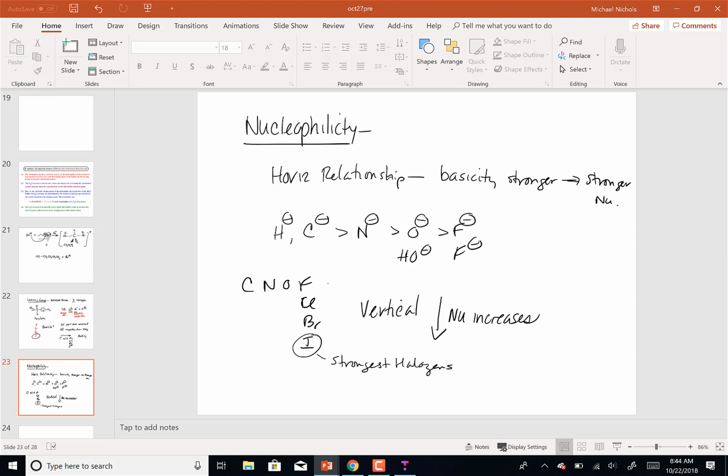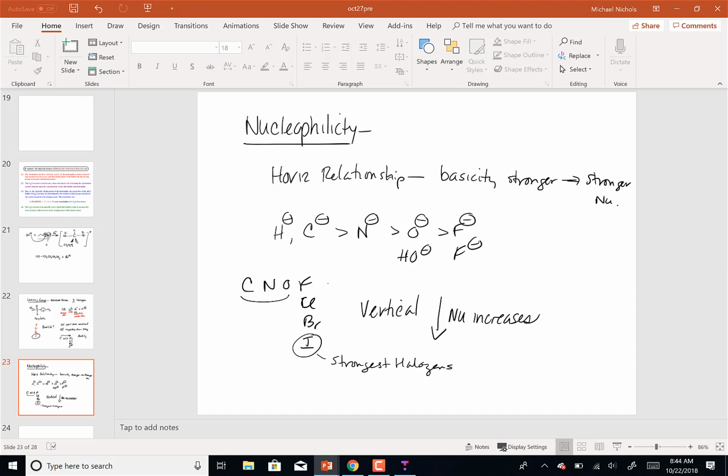Now, it turns out that O minus, that any of these three beat any halogen. So an OH minus is stronger than an I minus. But for the halogens, or when you go down the periodic table, you have this relationship that is basically inverse of basicity, but it's really not all about basicity.